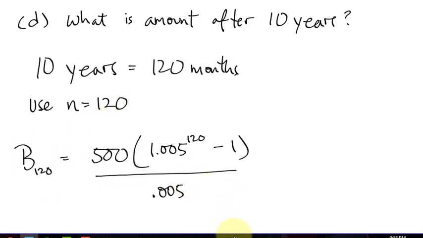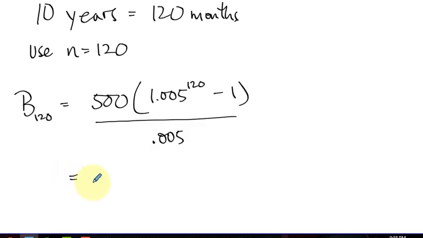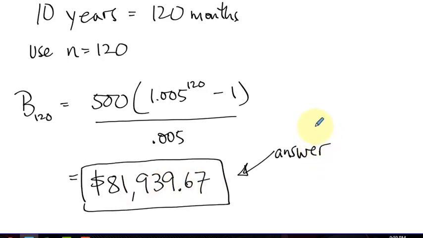So if it's growing 0.5% a month for 120 months, $500 each month will produce this value. It simplifies to about $81,939.67.